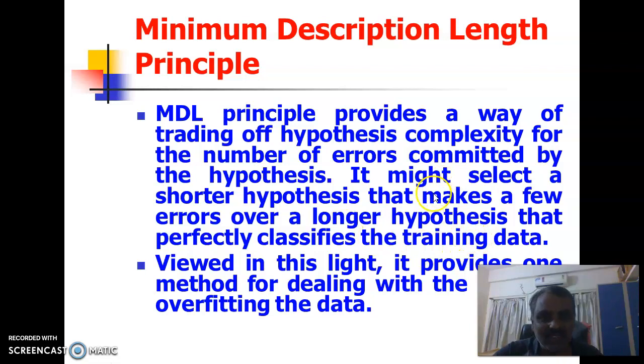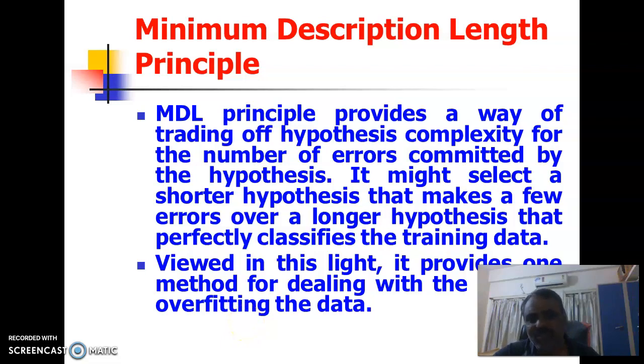So it might select a shorter hypothesis that makes a few errors over a longer hypothesis that classifies the training data perfectly. Viewed in this light, it provides one method for dealing with the issue of overfitting the data.